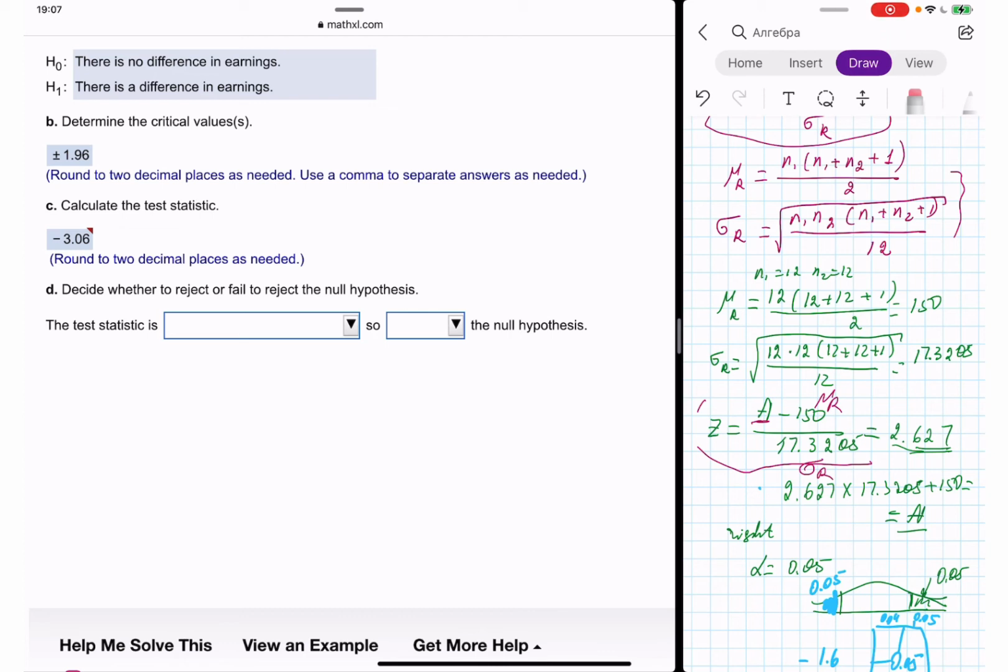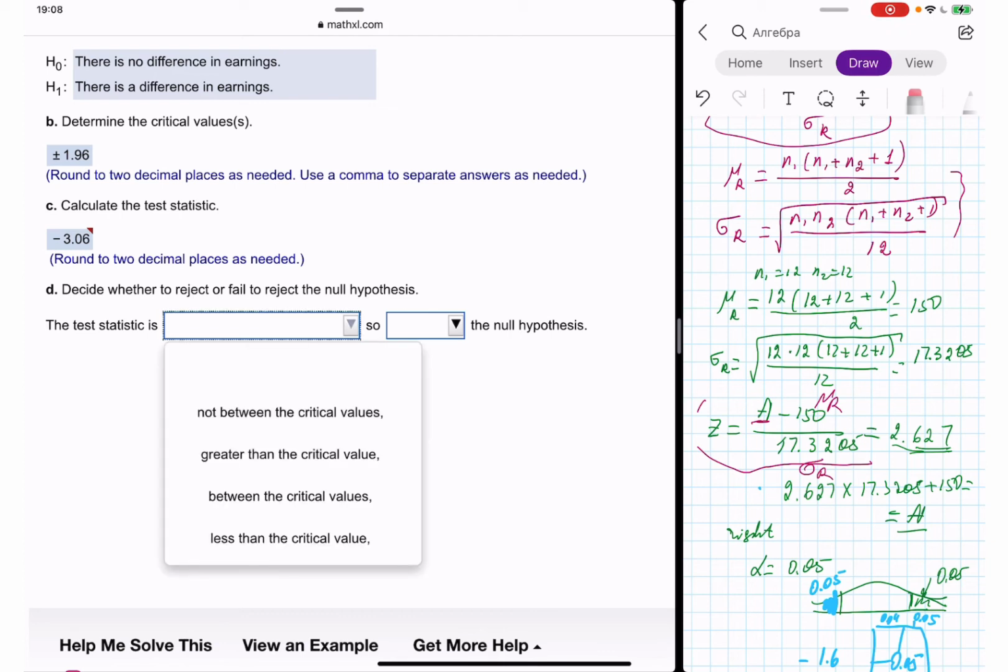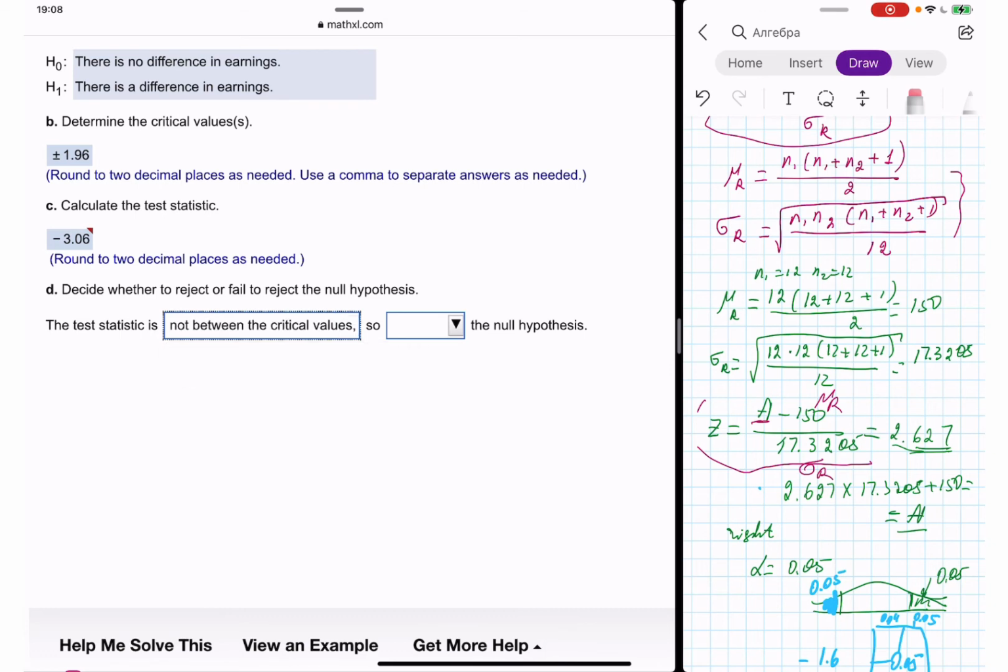Our critical values are plus or minus 1.96, and we have negative 3.06. So it's falling in the rejection area on the left side, which means the test statistic is not between the critical values. Therefore, we reject the null hypothesis.